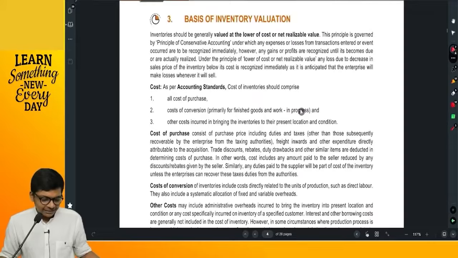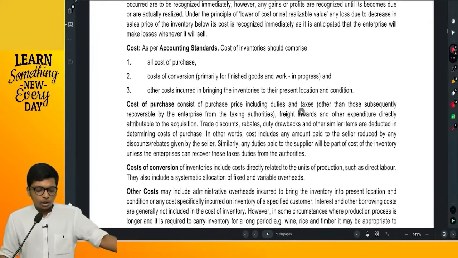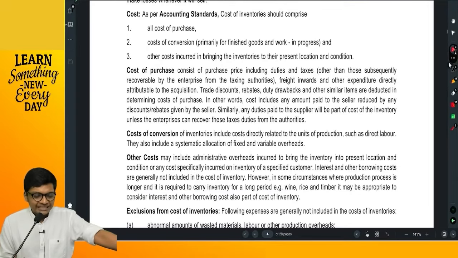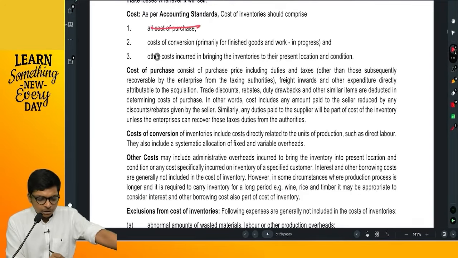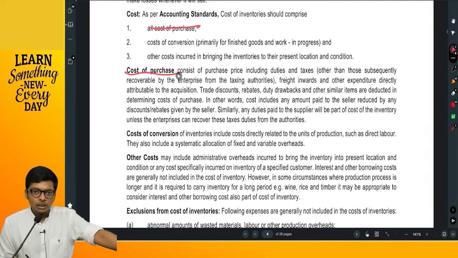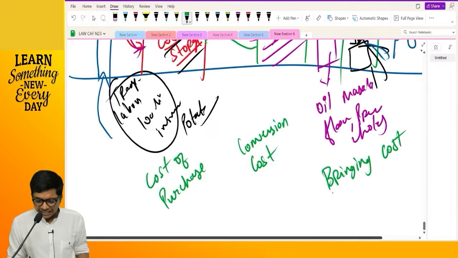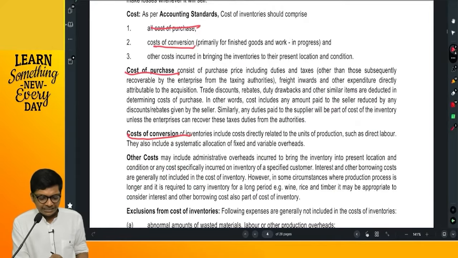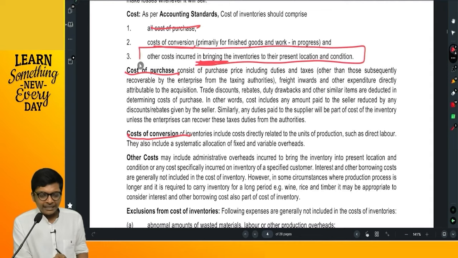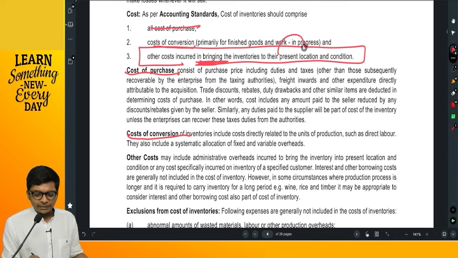Look at this. Can you see this, guys? Cost of inventory includes three things. First is cost of purchase. This is AS2, guys, you are learning. Next is cost of conversion. Then the third cost, what I wrote as bringing cost is other cost, but look at this, it is called bringing cost: cost necessary to bring the inventory to its present location and condition.